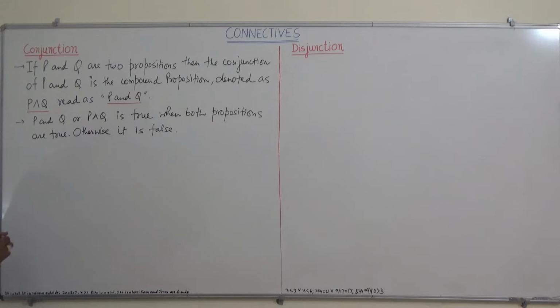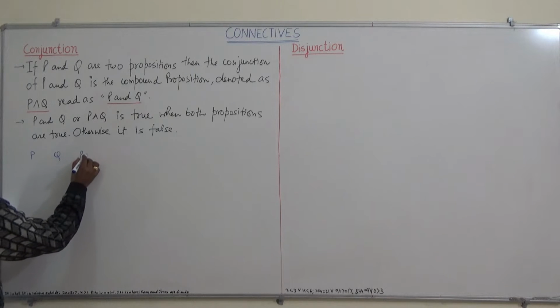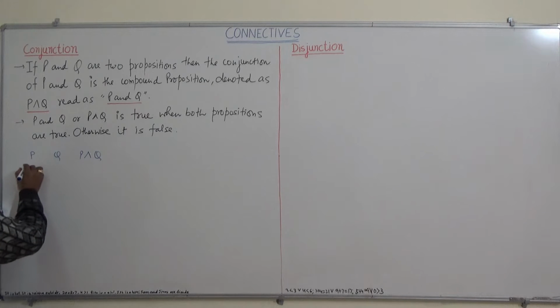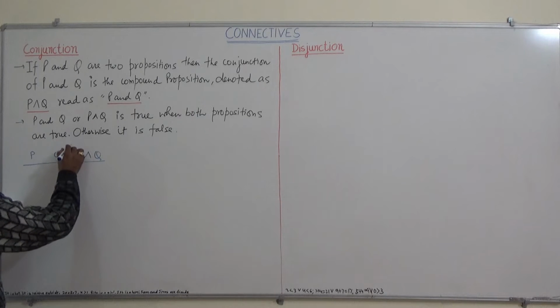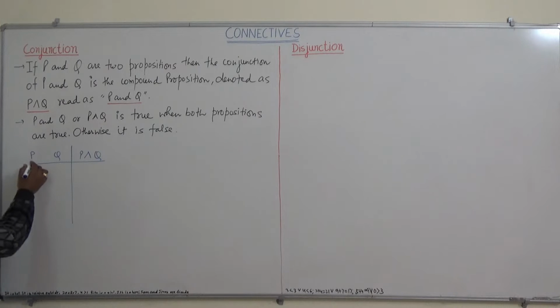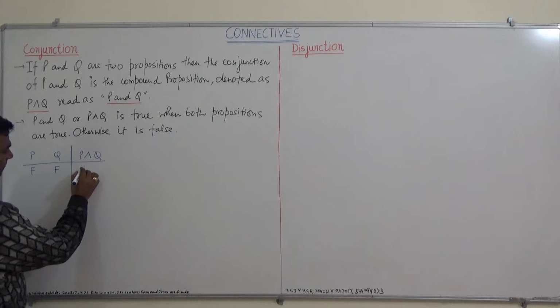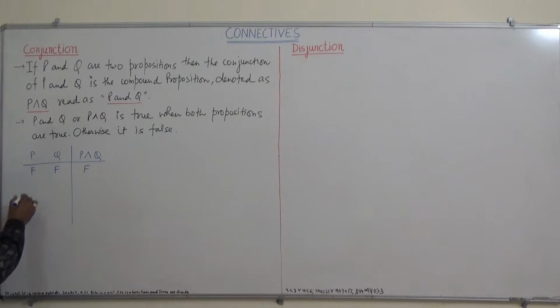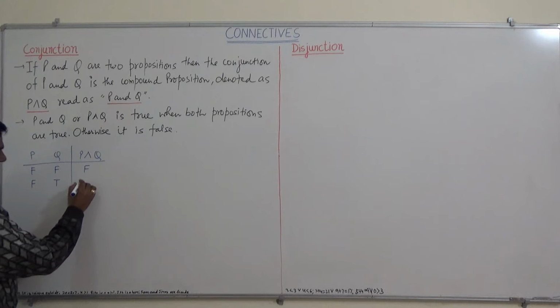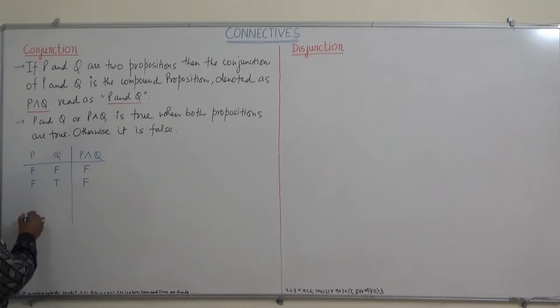We can see its truth table. Suppose here we have taken the proposition P, this is Q, and this is P and Q. If P is false and Q is false, then P and Q is false. If P is false, Q is true, this is false.